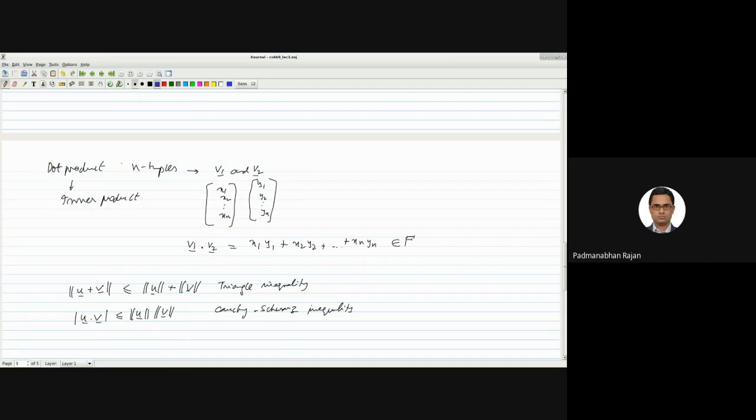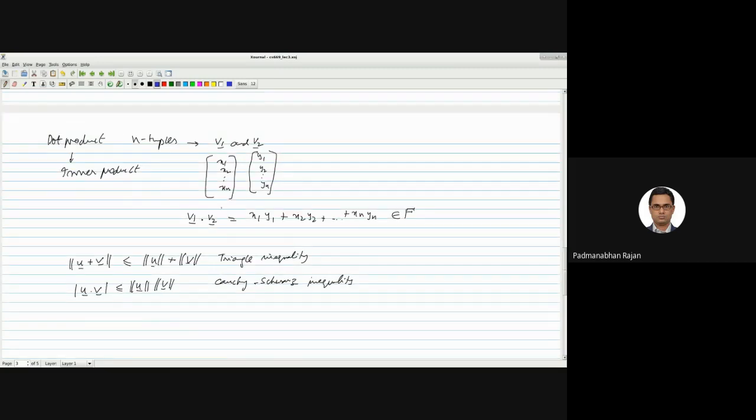We also talked about the dot product. The dot product is used if you want to represent one vector in terms of another vector. You can take the dot product between those two, and that will give you an idea of the similarity between those two vectors. In general, the higher the dot product magnitude, the more similar they are.